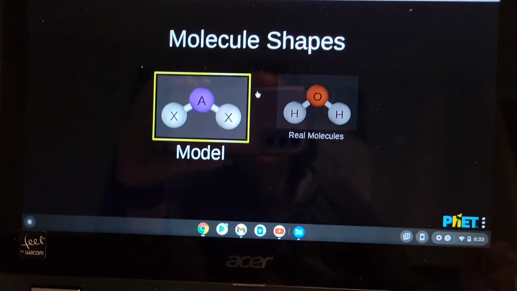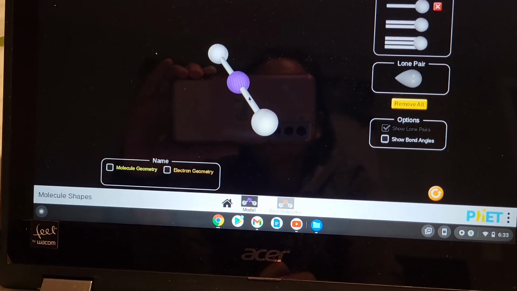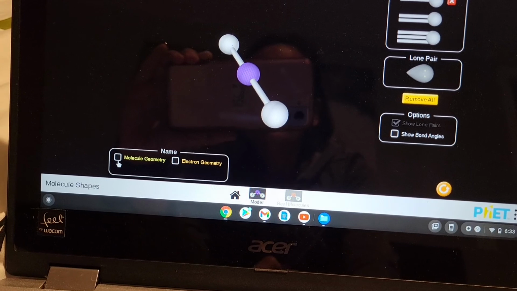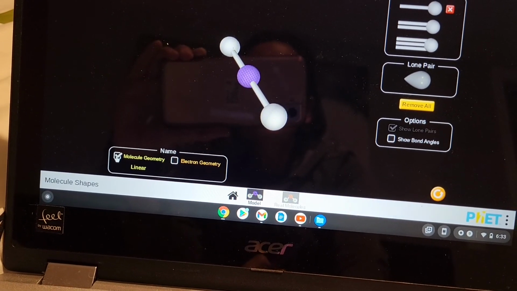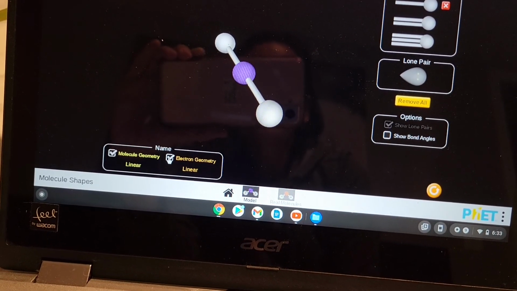So when you go to the lab, it'll look like this. You're going to click on model, and then down here in the bottom corner, you're going to check molecule geometry and electron geometry.